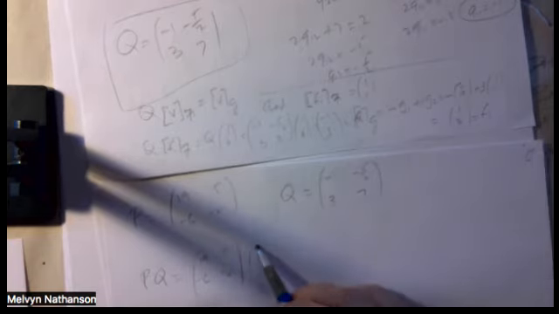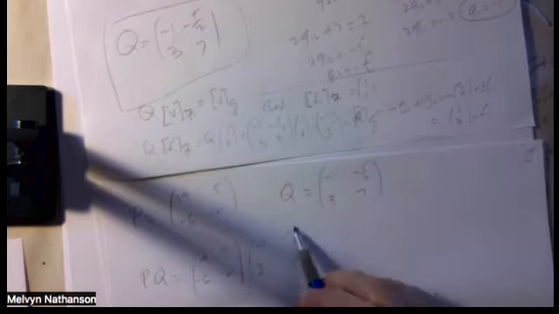Now, they're supposed to be inverses of each other. So let's compute P times Q. 14, minus 6, 5, minus 2, times minus 1, 3, minus 5 halves, 7.